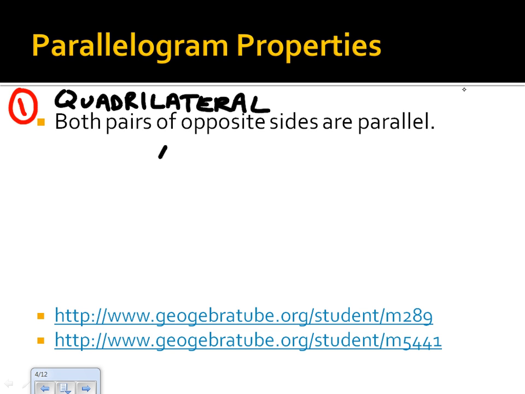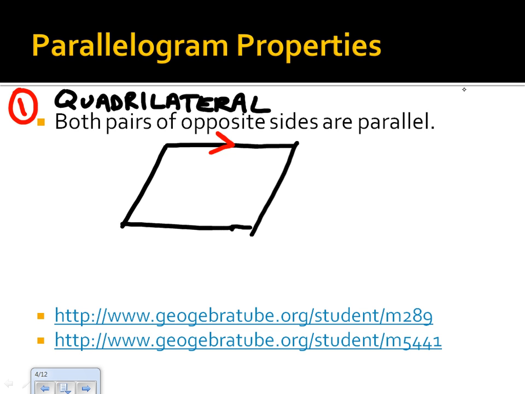A picture of a parallelogram, which you guys are probably used to by now. 4 sides. Alright, that doesn't look great. Four sides. The opposite sides mean the sides that are across from it. So this side would be parallel with this side.